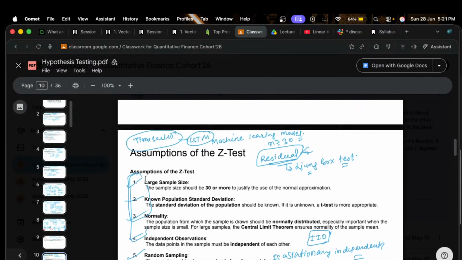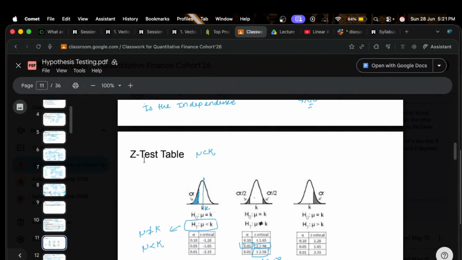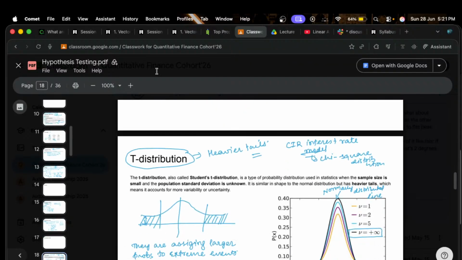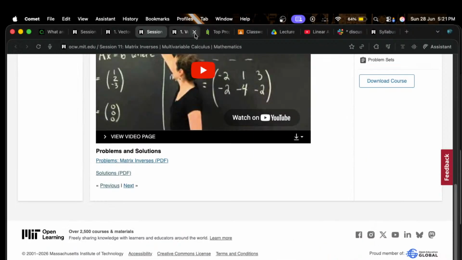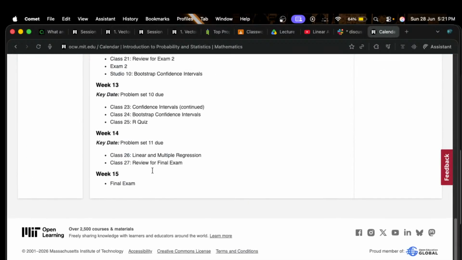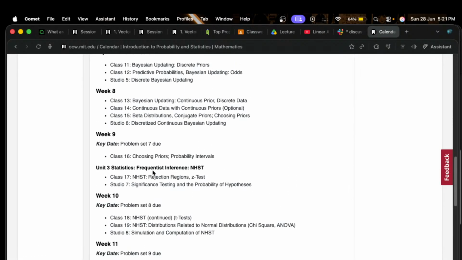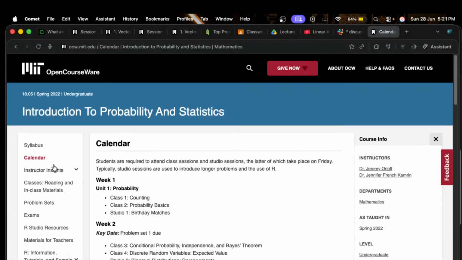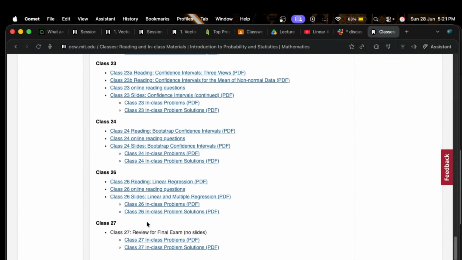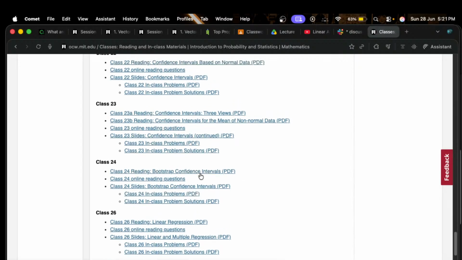So yeah, this would be fun. I think we will mostly cover the Z test. If Z is the hypothesis testing, then we will mostly cover this in our probability and stats, I believe. Isn't it? If I see the lecture classes, I think the Z test and everything like that comes under these things only.